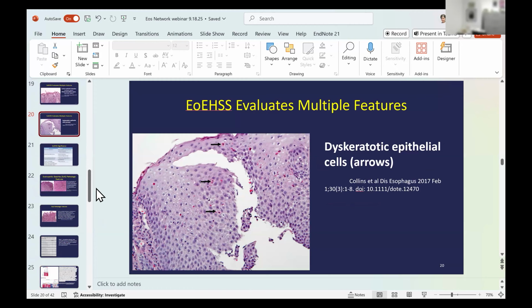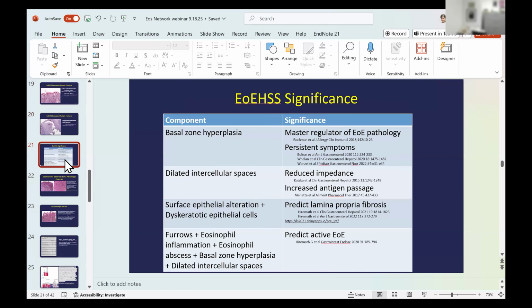And so why do this? Why pay attention to these things? Well, we found out that basal zone hyperplasia is really a master regulator of EoE pathology. Those epithelial cells secrete a whole lot of things that we didn't know about before we started studying eosinophilic esophagitis, including the substance that draws eosinophils from the circulation into the tissue.